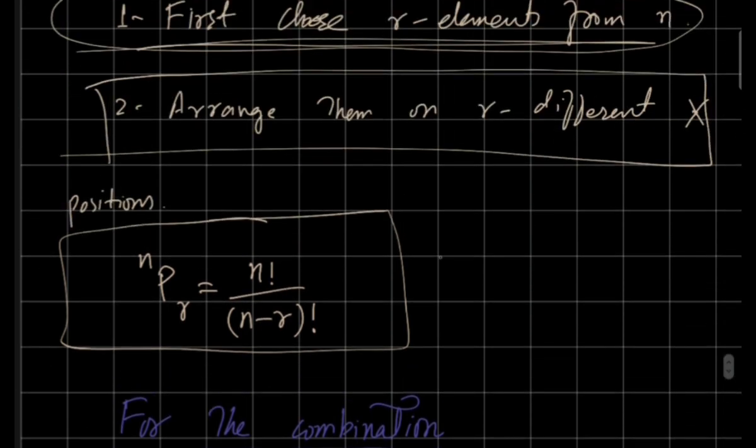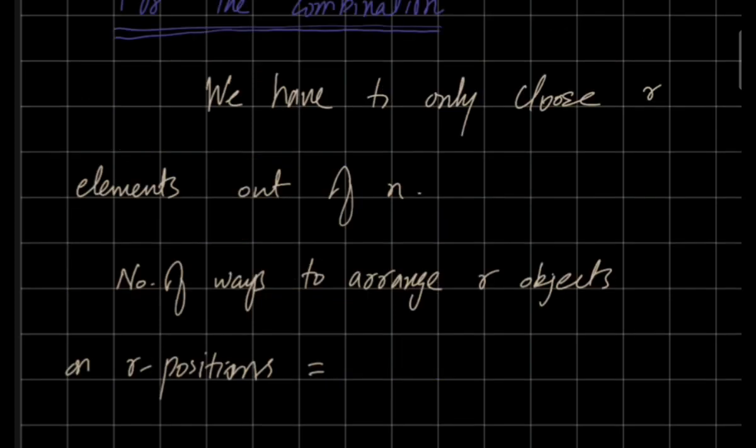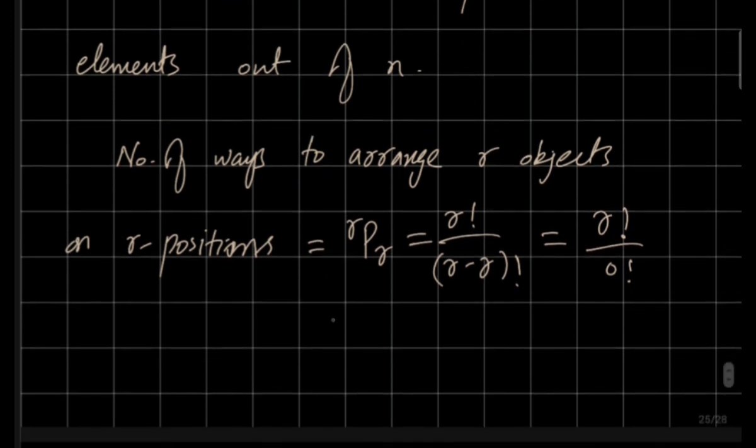We will multiply this result with this and we will get a permutation. Look how to do that. So the number of ways to arrange r objects on r different positions is rPr, which is r factorial over r minus r factorial. That is r factorial over 0 factorial. You know 0 factorial is 1, which is r factorial.